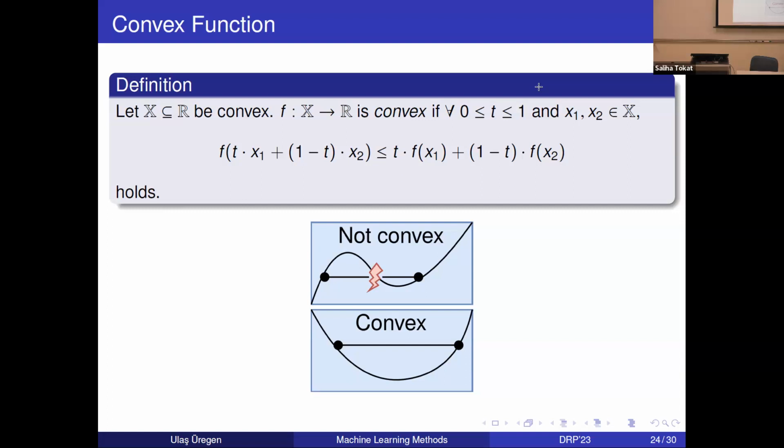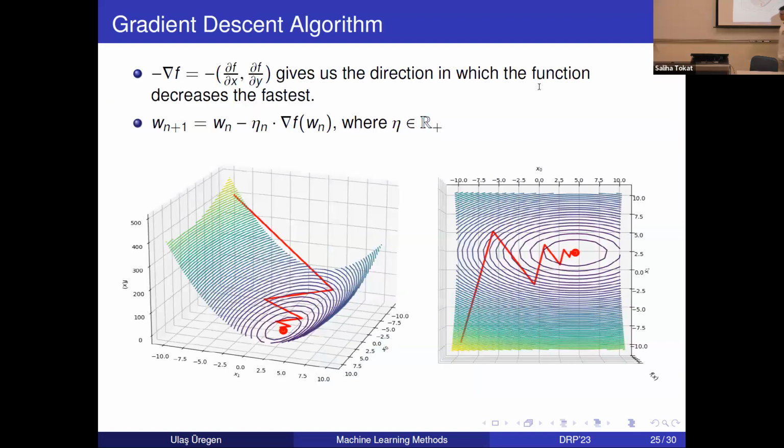What I mean is that if we look at the upper image, we see 1 valley and 1 hill, so our function isn't convex. And if you look at the lower image, our function just consists of 1 valley, so it is convex.